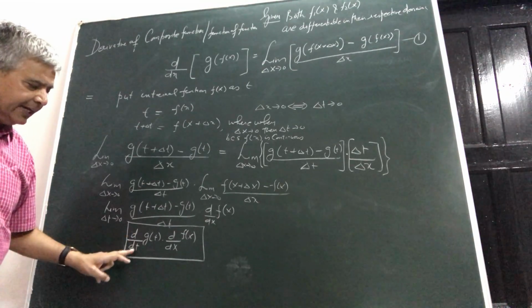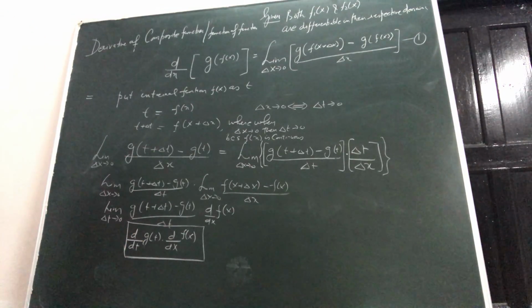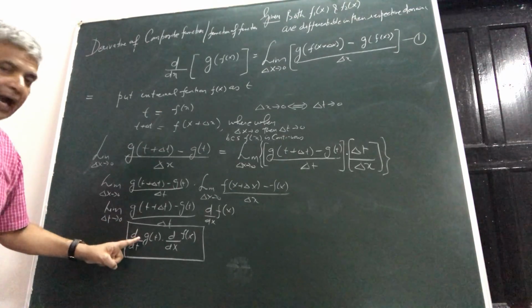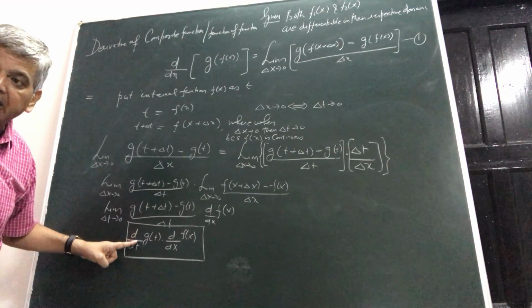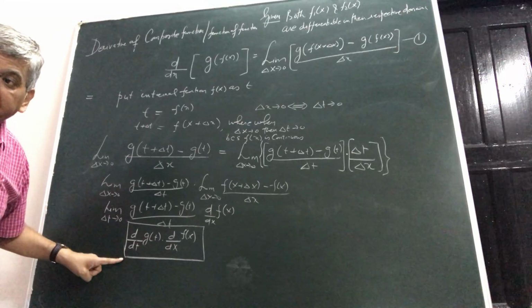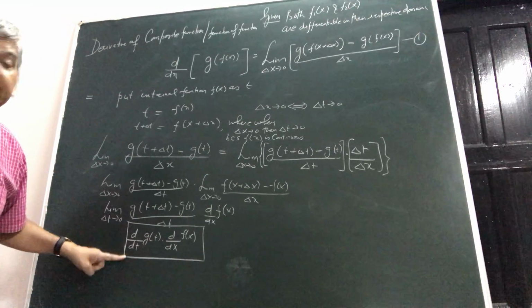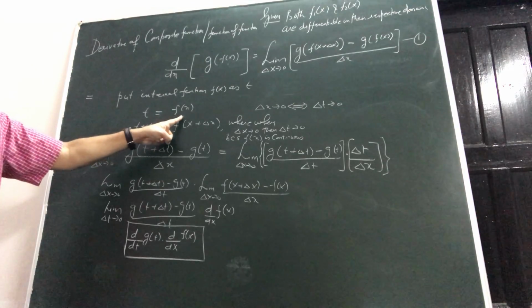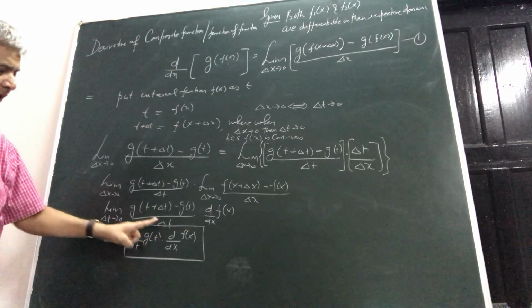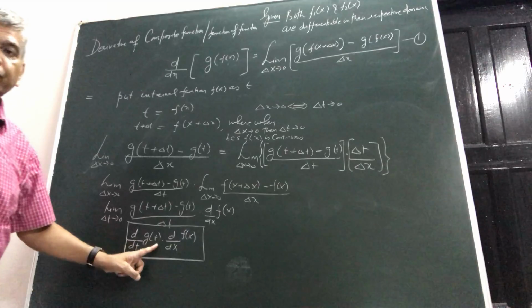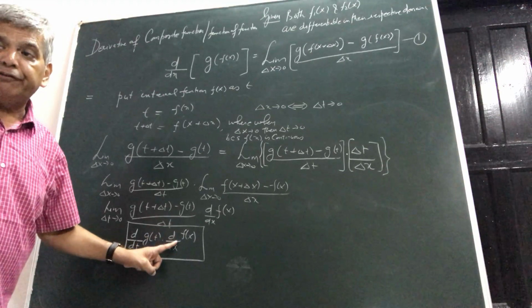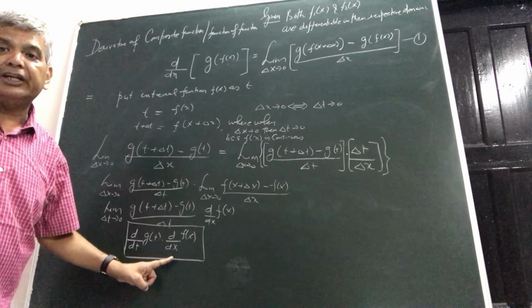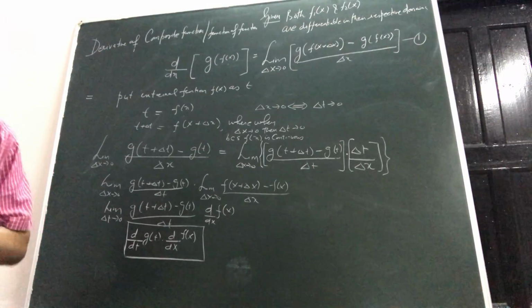Please see, d by dt of g(t), what does it mean? It simply means that you are differentiating the external function g with respect to the internal function t. t is your internal function f(x). So this first thing is very important, and then you take its product with the derivative of the internal function with respect to the independent variable x.